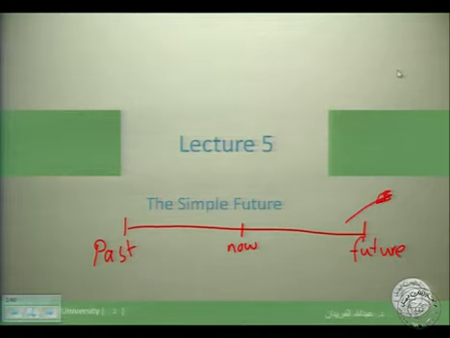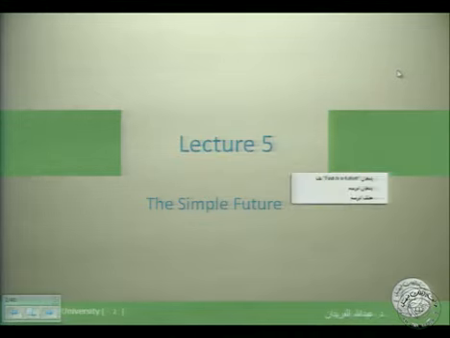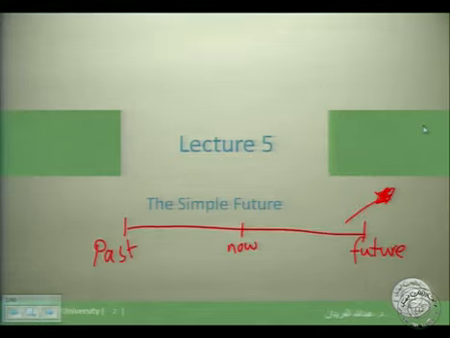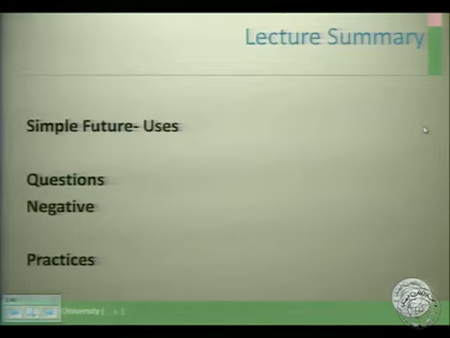So we are going to talk about something that will happen. Oh, this is an arrow. Oh, sorry, what happened? Yes, again. So we are going to talk about the future today. Something that will happen in the future, not now, not in the past. You will do it in the future.